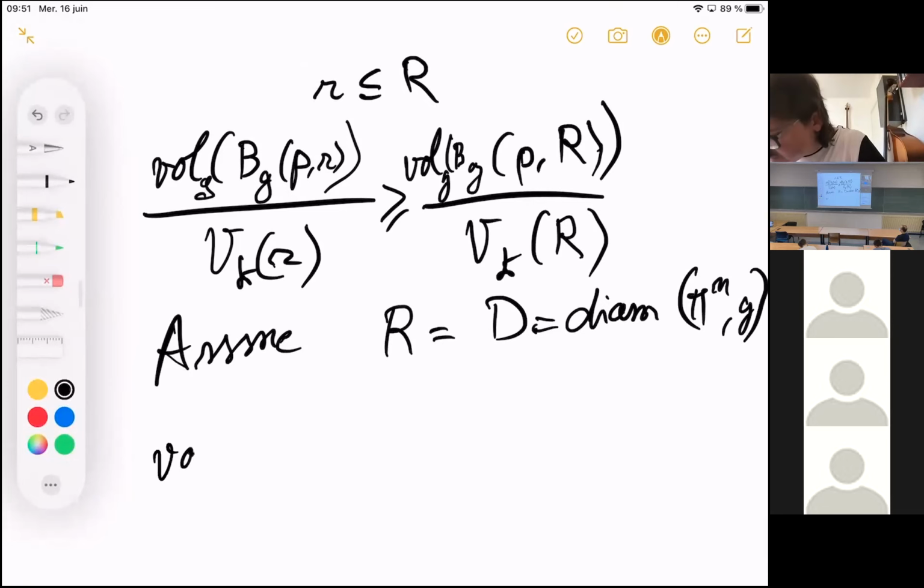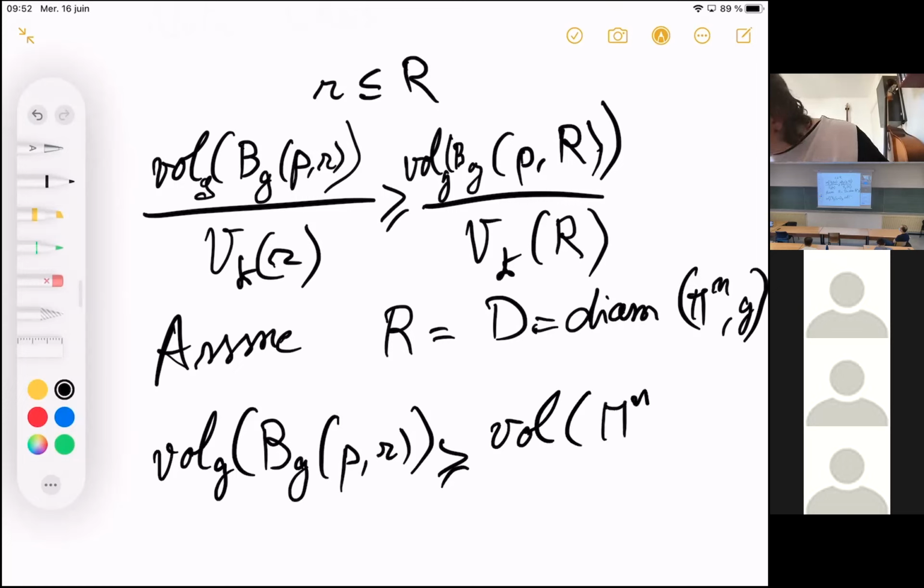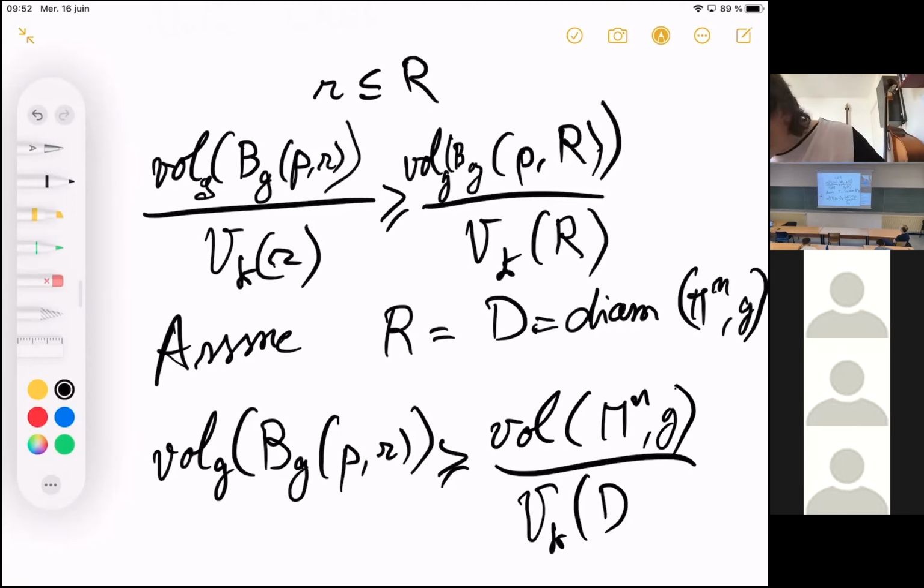Then the volume with respect to g of B_g(p, r) will be bigger than, if R is equal to the diameter, and maybe that's a bit overkill, but that's not a big deal, the volume of M over Vk(D) times Vk(r).